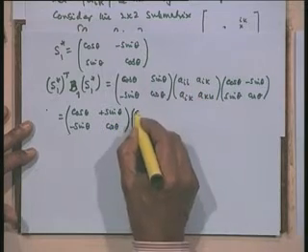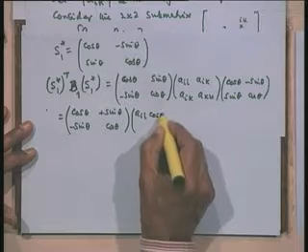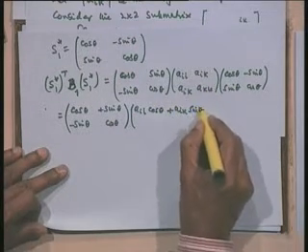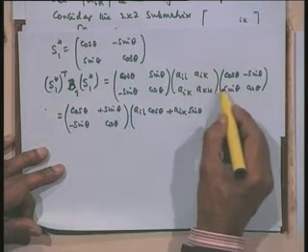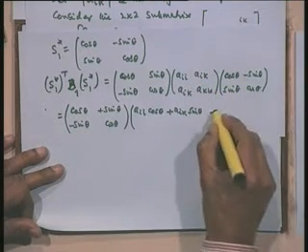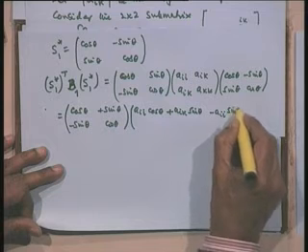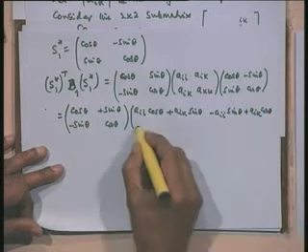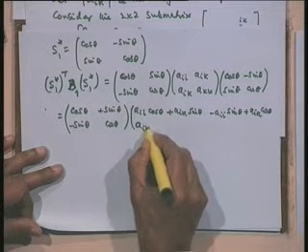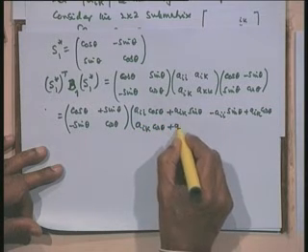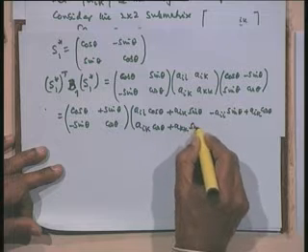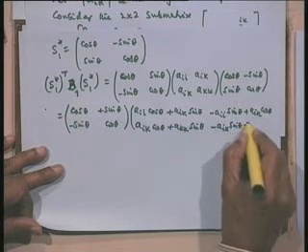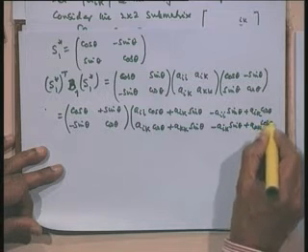Now, this is Aii cos theta plus Aik sin theta, and this element is minus Aii sin theta plus Aik cos theta, and correspondingly this is Aik cos of theta plus Akk sin theta, and this is minus Aik sin theta plus Akk cos of theta.